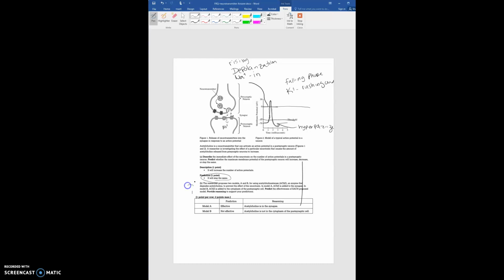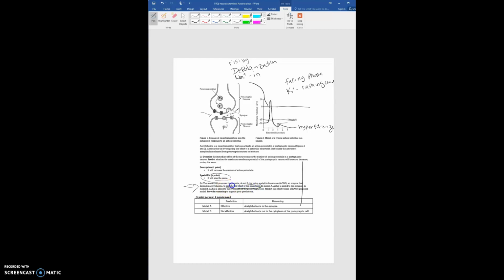So here we are at part B, and we're talking about the enzyme acetylcholinesterase, which is working out here to break down the acetylcholine. And so the question asks us if we put the acetylcholinesterase on either the inside of the neuron or the outside, so the synapse of the neuron, is it going to prevent the effect of the neurotoxin?